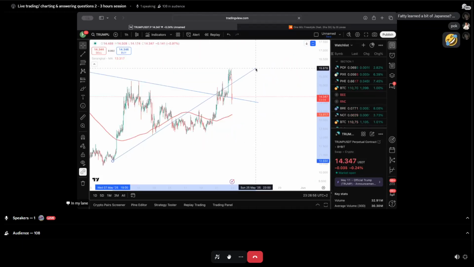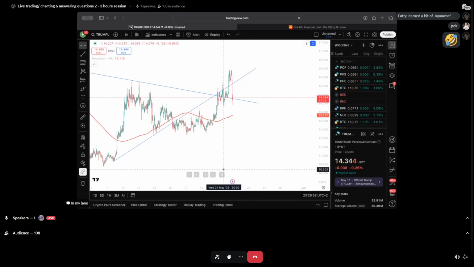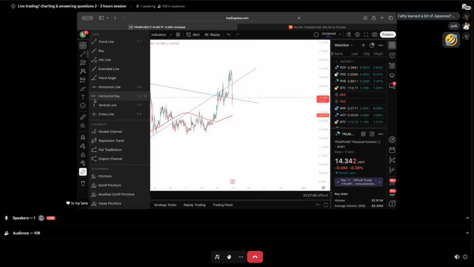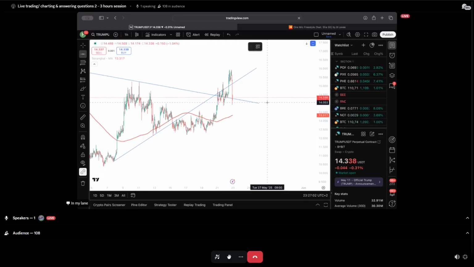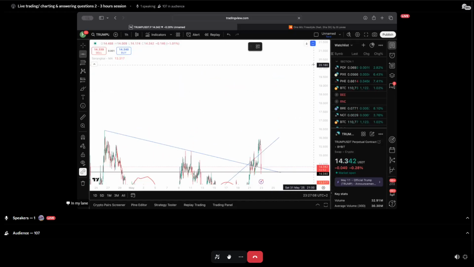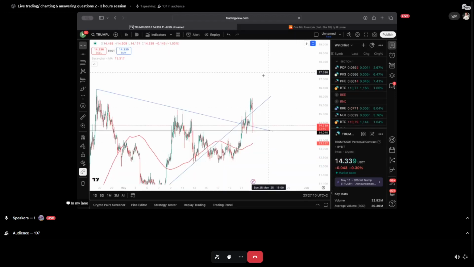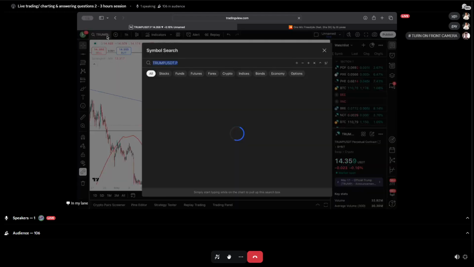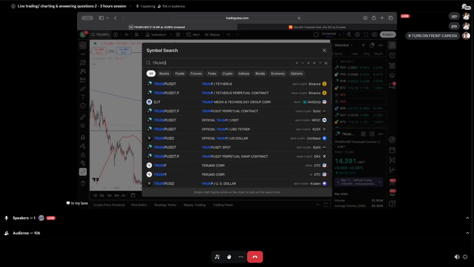The thing is, this is a shit coin. Well, let me just look at my chart. That's all you need.